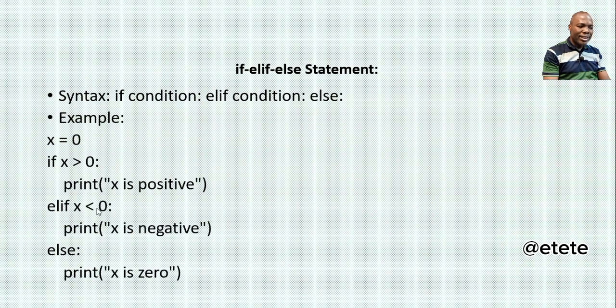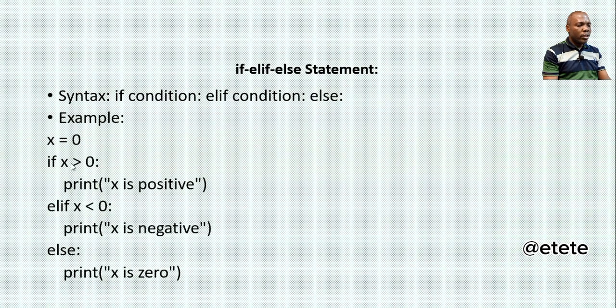This if means else if, but in Python, it's written as elif, not else if. Else if x is less than 0, go in and print "x is negative". Else, print "x is 0".